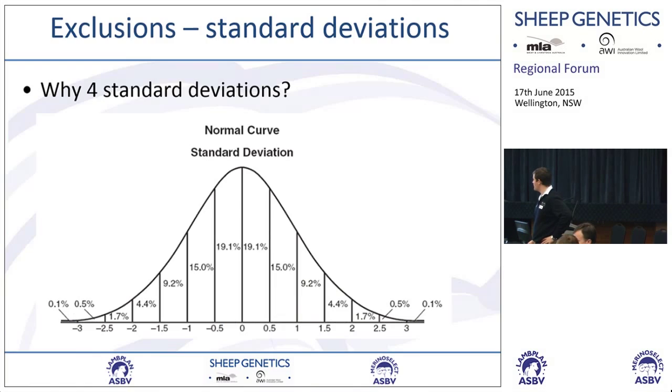That slide Karis quickly put up before: at 3 standard deviations, we would expect about 0.1% of animals to fall outside of 3 standard deviations from the average of the group. So at 4 standard deviations, it's not highly likely that that animal has a correct measurement and was actually run in those conditions.